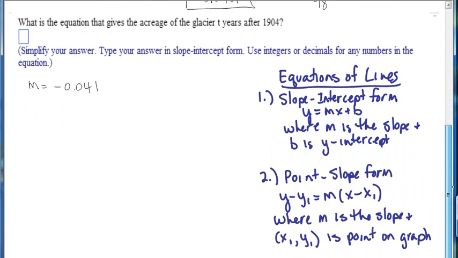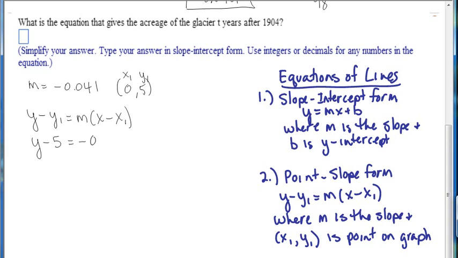So I will use the first point, 0, 5. That's going to be my x1, y1. So I'm going to write down the second formula and plug all the constants in. Leave the y alone. Plug in a 5 for y1, plug the number in for m, and leave the x alone. Minus x1 is 0. That is the equation for the line.